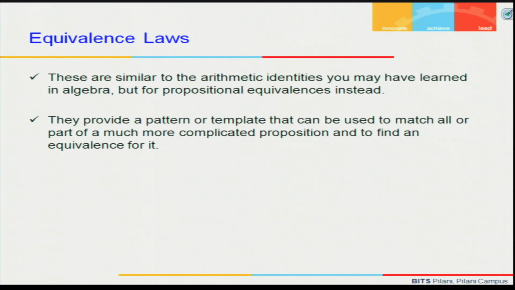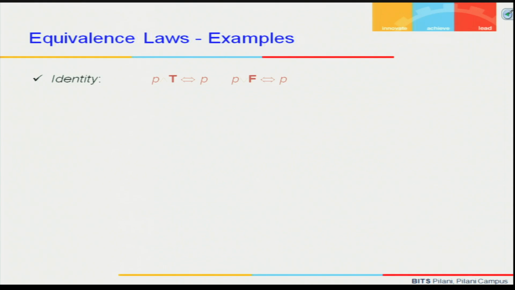There is another way that you can prove equivalence of two statements, equivalence of two compound propositions, that is through the laws. We will see what these laws are, and these laws have wide applicability.